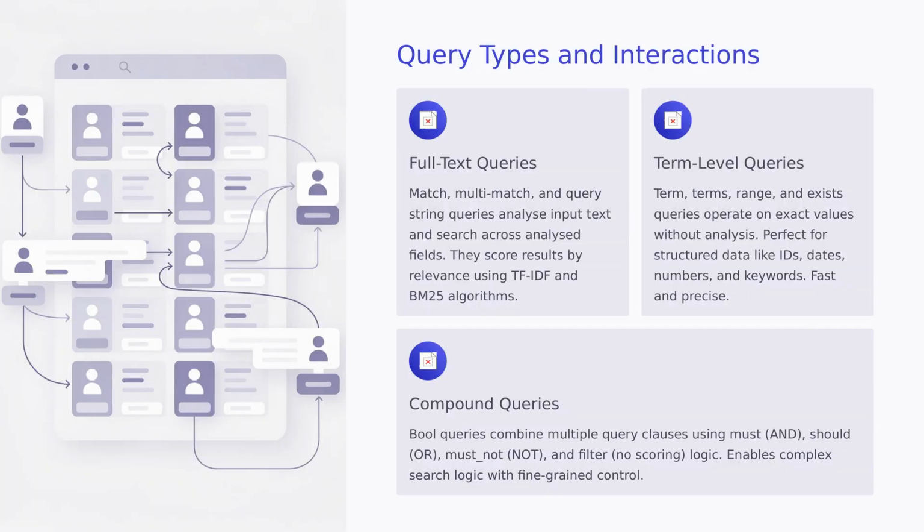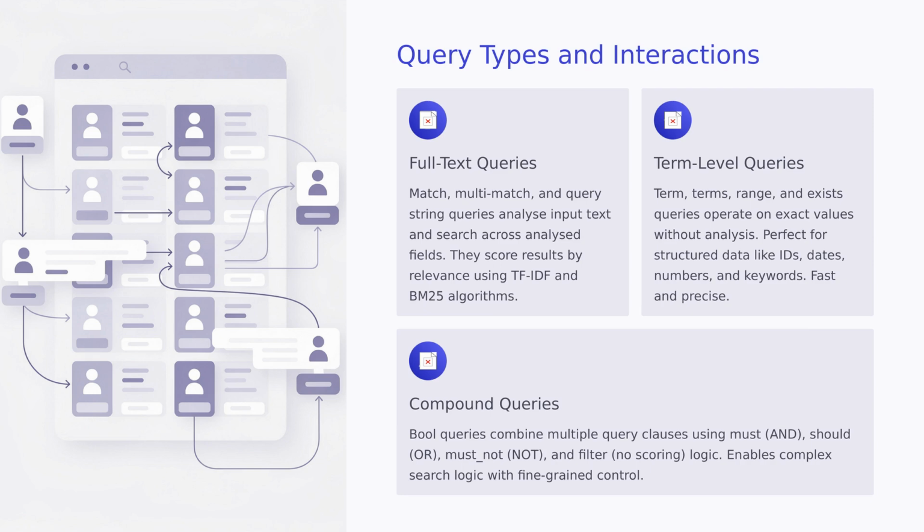Ever wondered how search engines understand your queries? Full-text queries like match, multi-match, and query string queries dive deep, scoring results based on relevance with TF-IDF and BM25 algorithms. For precise data handling, term-level queries (terms, range, and exists) work their magic on exact values, perfect for IDs, dates, numbers, and keywords.